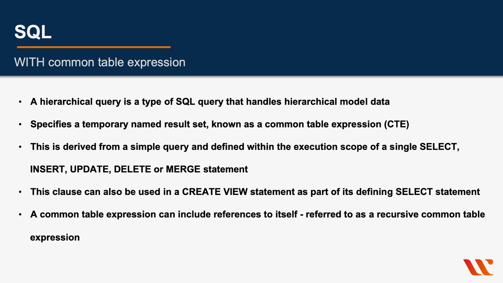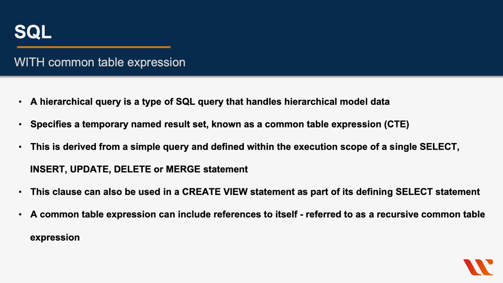A hierarchical query is a type of SQL query that handles this hierarchical model data. Hierarchical queries can be implemented by using the recursive common table expression, or CTE. A common table expression is a temporary named result set. This is derived from a simple query and is defined within the execution scope of a select, insert, update, or delete statement.